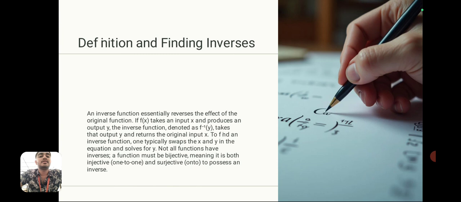To find an inverse function, one typically swaps x and y in the equation and solves for y. Not all functions have an inverse function. It must be bijective, meaning it is both injective, one-to-one, and surjective, onto, to possess an inverse.